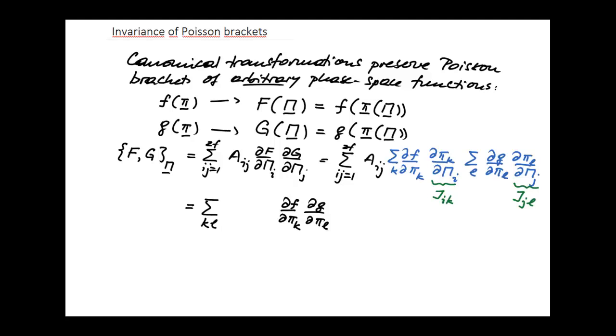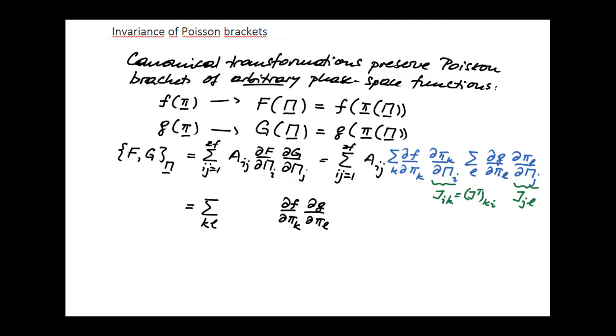And let's look at the rest. We still have a sum over ij. We have an aij, we have a J Ik and a J jl. This one here, the J Ik, we can also say is the element kI of the transpose of the Jacobian. And let's consider it in the following order.